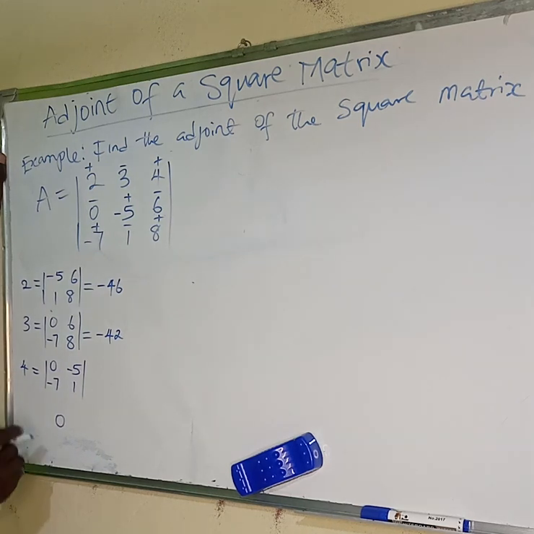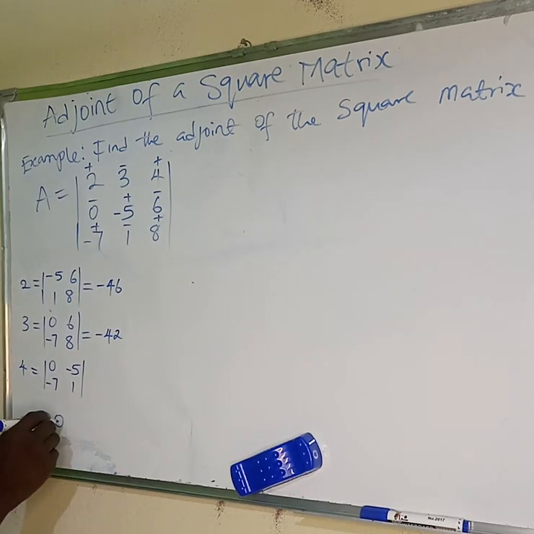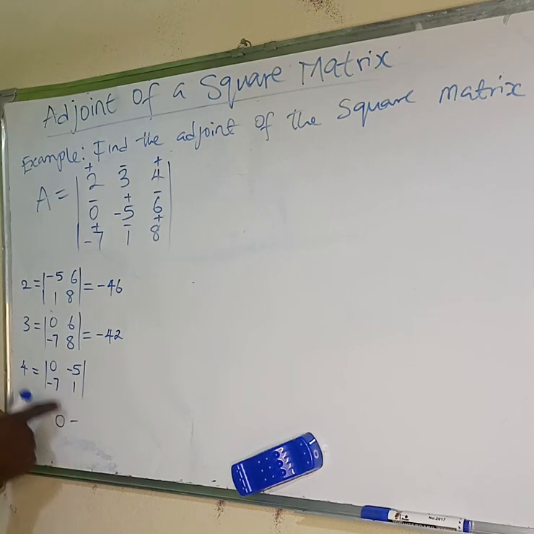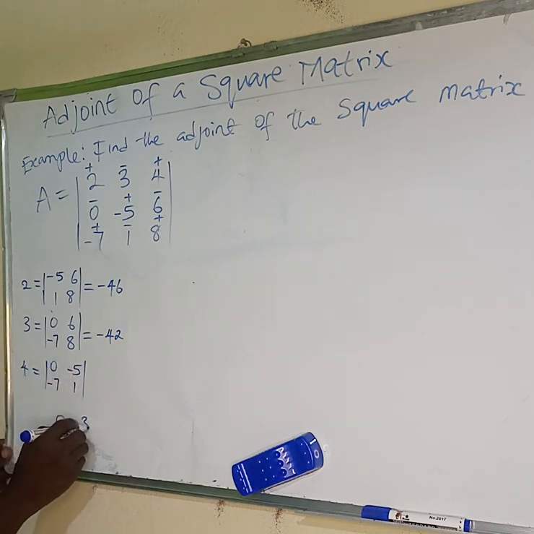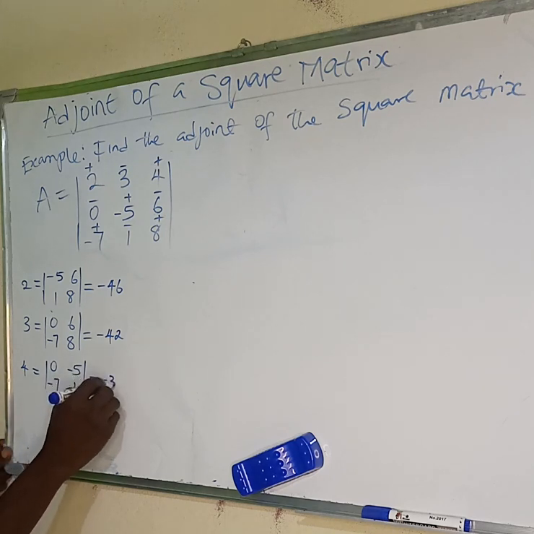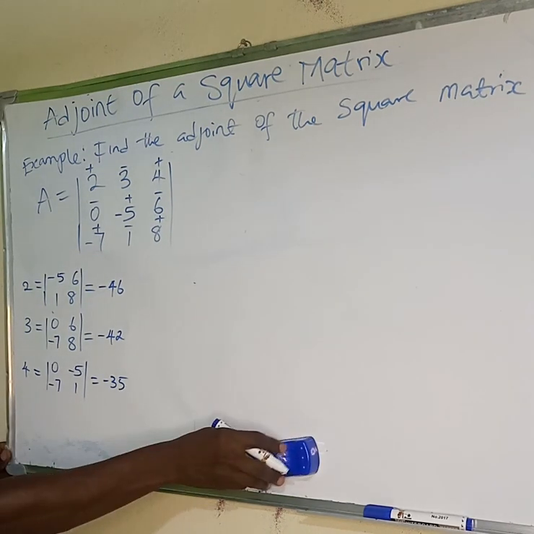Now, don't forget that it's supposed to be 0 minus whatever we get from the product of these two. So that means 0 minus 35, and this will give us negative 35.